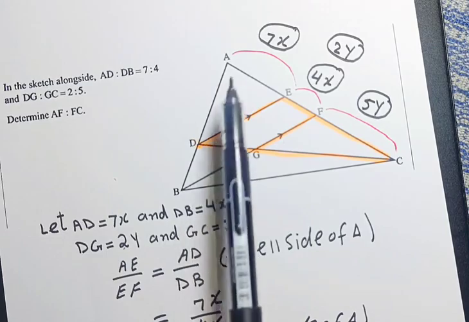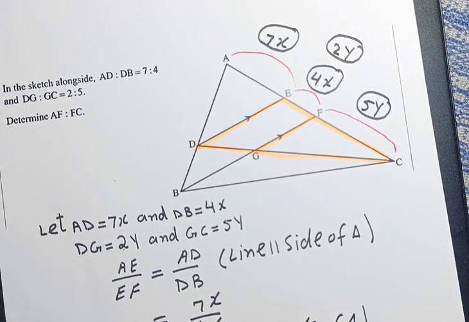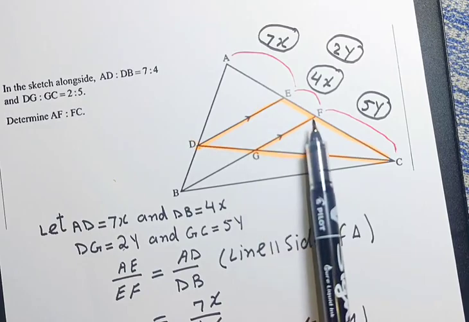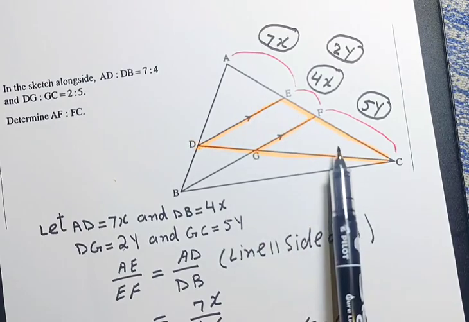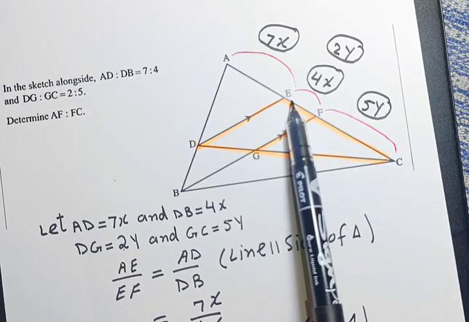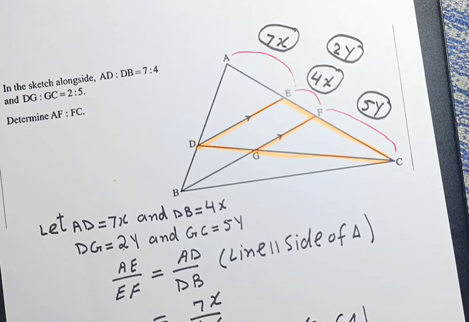So how are we going to do this one? Have a look here. AF ratio FC, which means AF over FC. But before we attempt that, we can see we have a clash here, because EF is 4x and at the same time it is 2y.